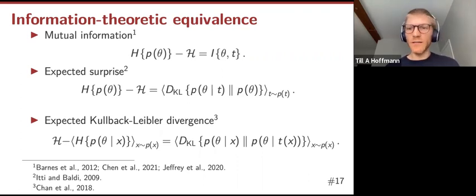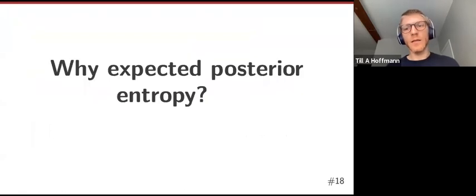Now, recalling this question of optimality, if we're minimizing some loss function, minimizing the expected posterior entropy is choosing the loss function to be the Kullback-Leibler divergence. So if these things are all equivalent, then why should we use the expected posterior entropy rather than anything else?